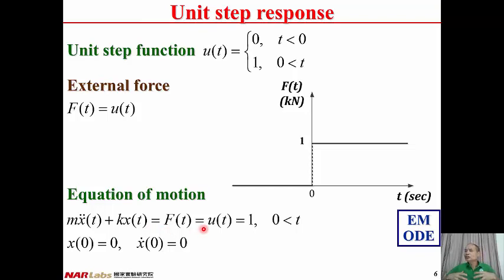If we are only interested in the time duration that is larger than 0, then the unit step force is a constant. And this equation can be solved as an ordinary differential equation. Here are two initial conditions. One is initial displacement, x(0) equal to 0. Another is initial velocity, x dot(0) equal to 0.